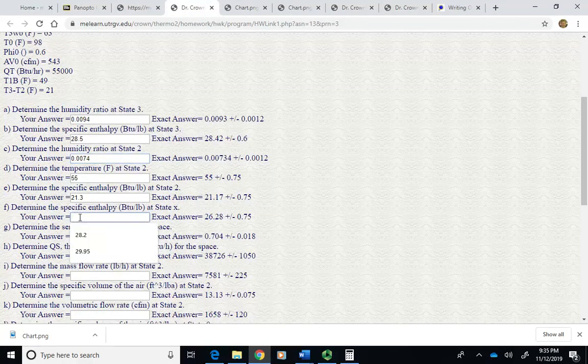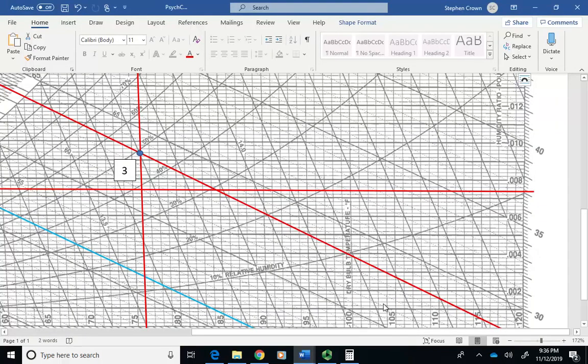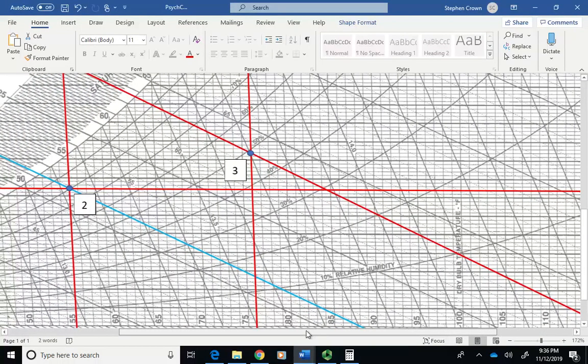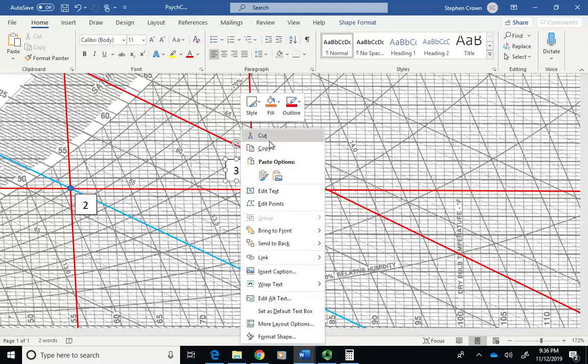Okay, and then the enthalpy, specific enthalpy at state X. State X is at the same humidity ratio as state 2. So state X is this intersection of the temperature line for state 3 and the humidity ratio line for state 2. So let's copy this.